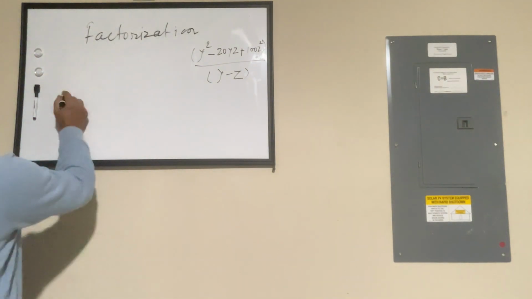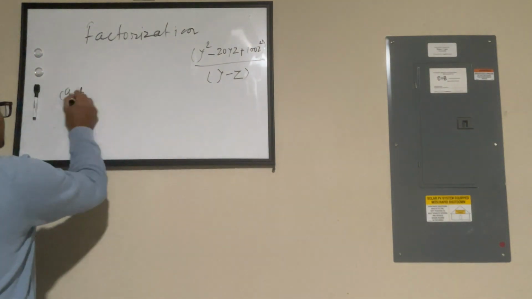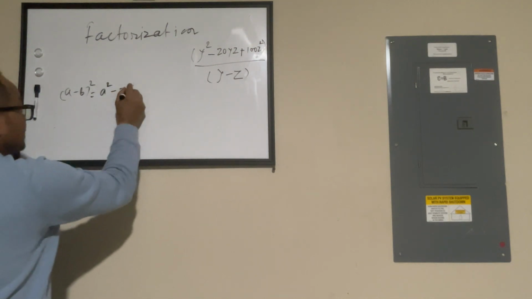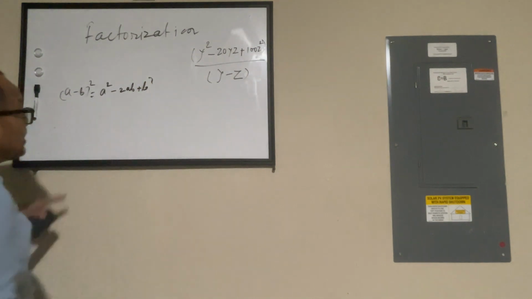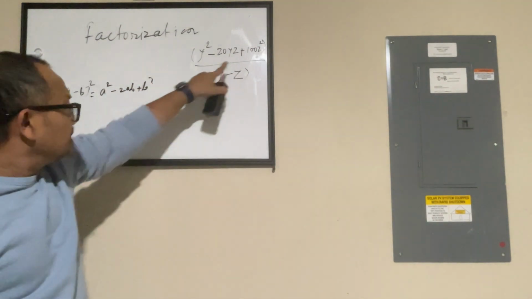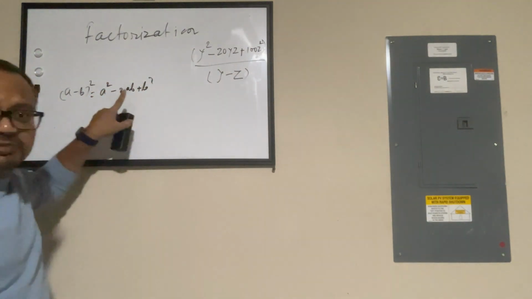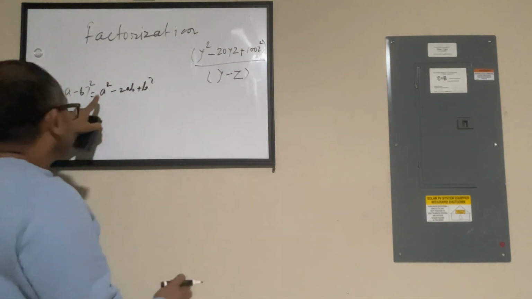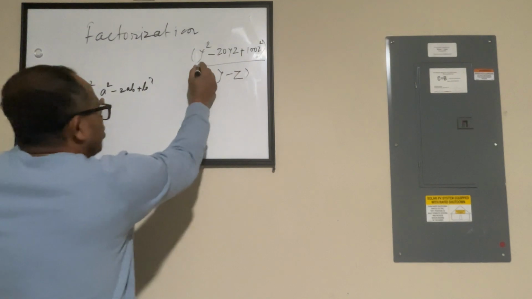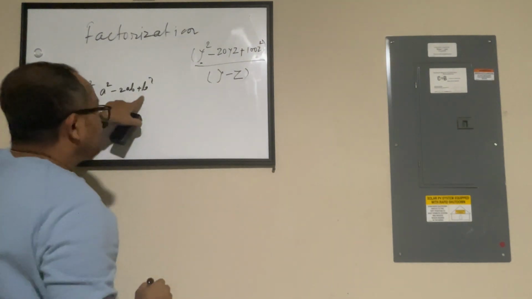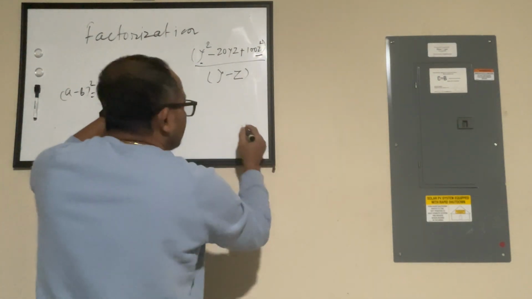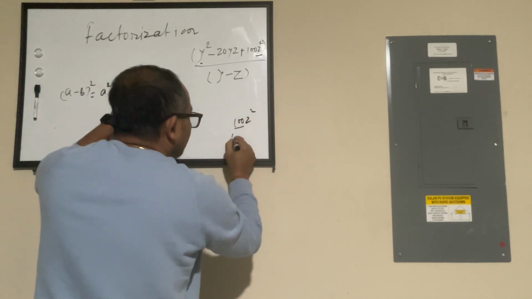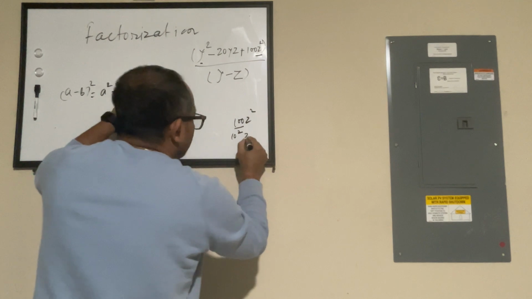What I know is that when I have this formula, is this in a similar form? Looks like. Maybe, may not be. Instead of a, I can put a y. Instead of b, I have 100z squared. 100 is what? 10 squared. And z squared.